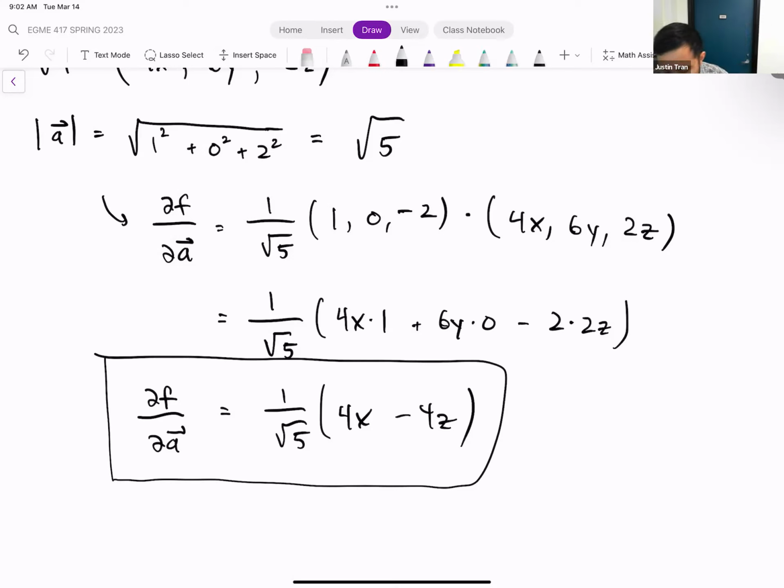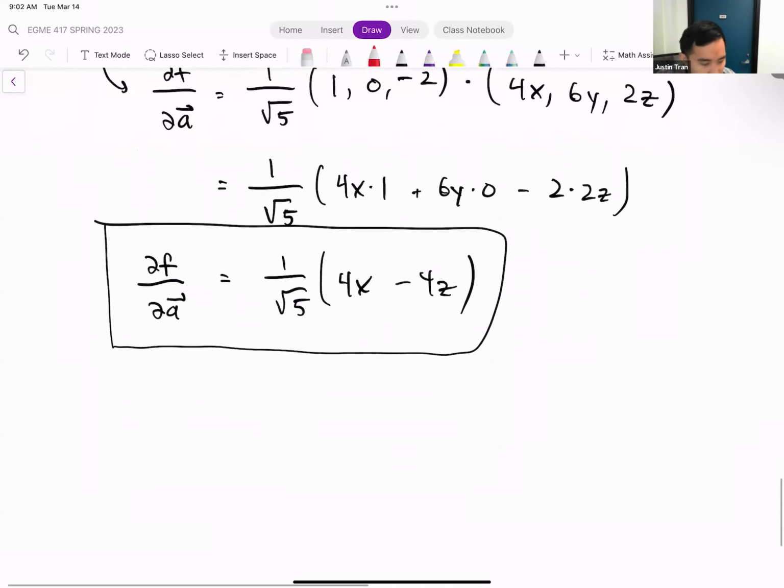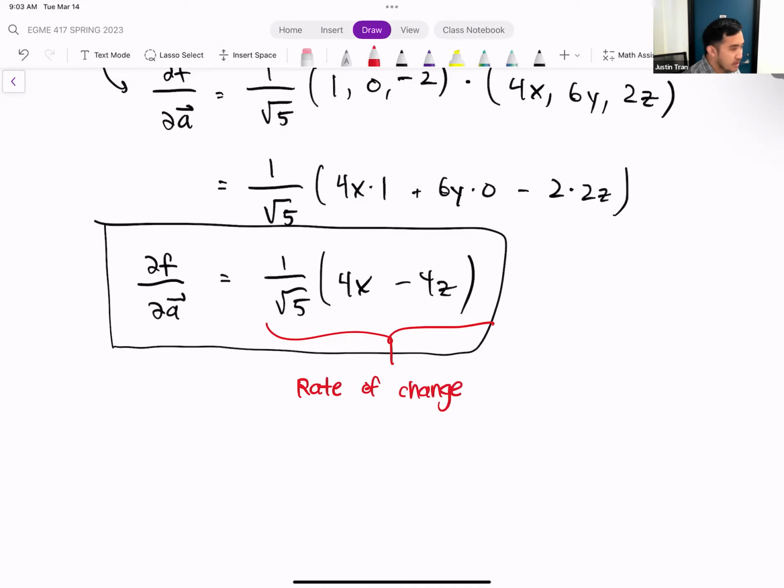And so when we take the rate of change of f in the a direction, we still get a function of x and z. So the rate of change of f is still itself a function of x and z, and this also changes depending on which location you're in.